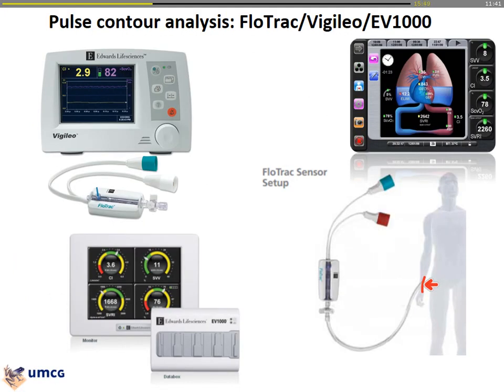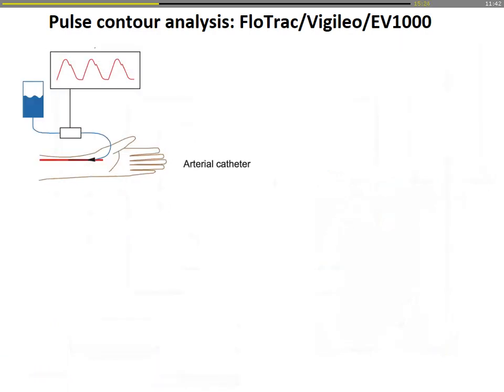Let's start, as I said, with the FloTrac Vigileo or EV1000 device, which is the oldest one, on the market for 10 years. And as I said, you can connect it to any arterial line. This is the sensor, which is then connected either to the FloTrac or to the EV1000 monitor, and it converts the pressure signal into flow information.